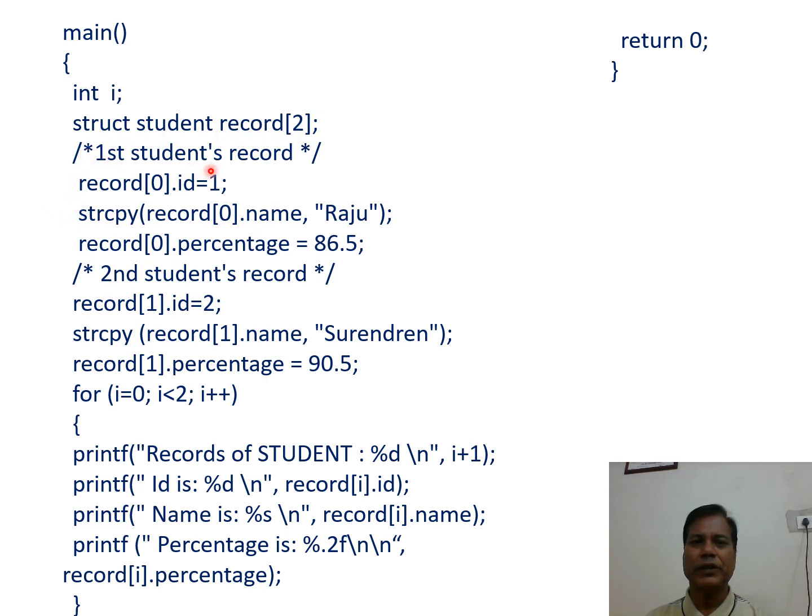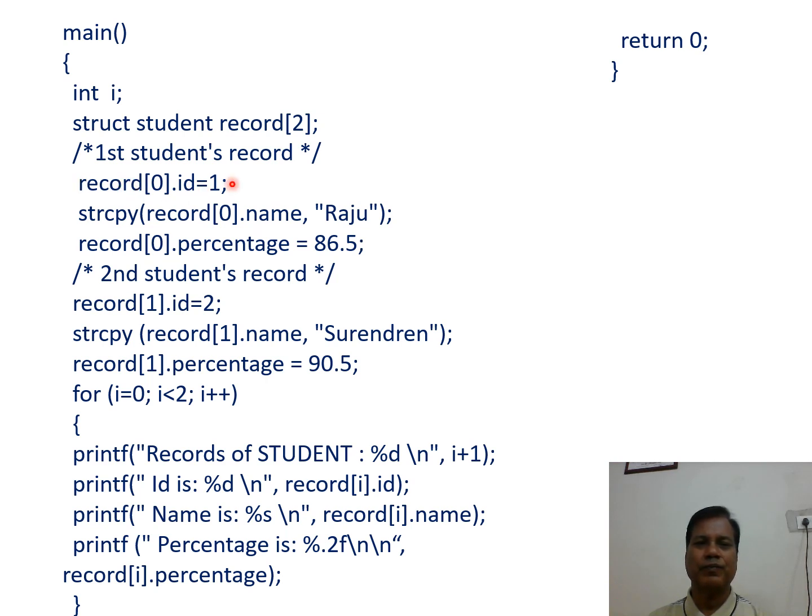Then we can assign the records of the first student. So record[0].id, this refers to the record of the first student, and .id is the ID of the first student, that is equal to 1. So 1 is assigned as the ID of the first student.